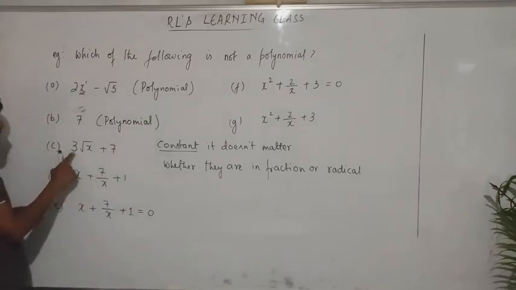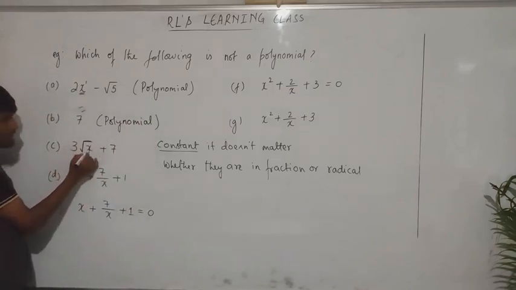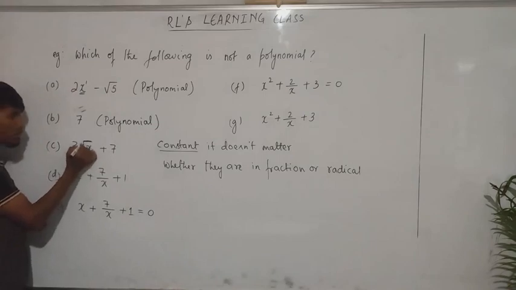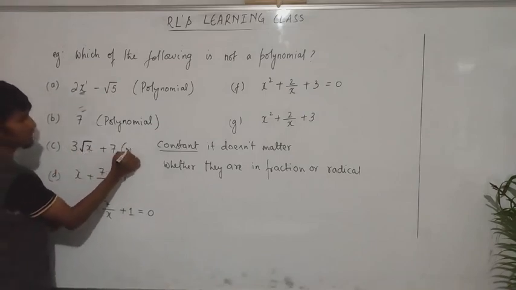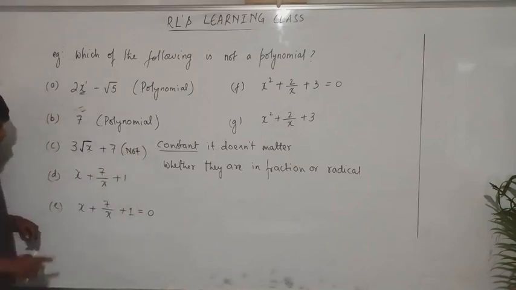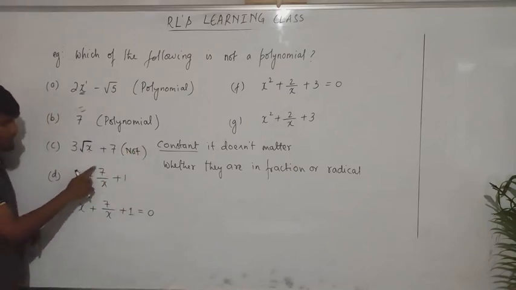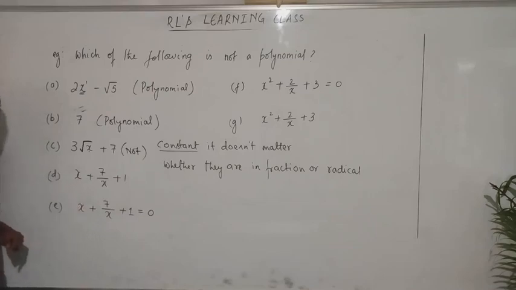Then here, look, this x is under root, or in radical form, so this is not a polynomial. Then here, x plus 7 by x plus 1, is this a polynomial or not?